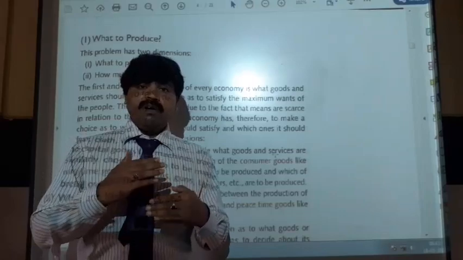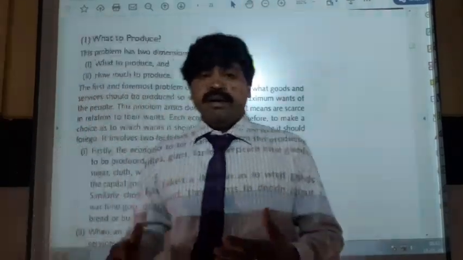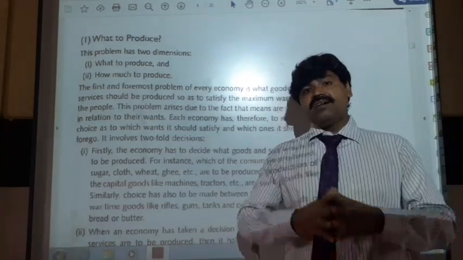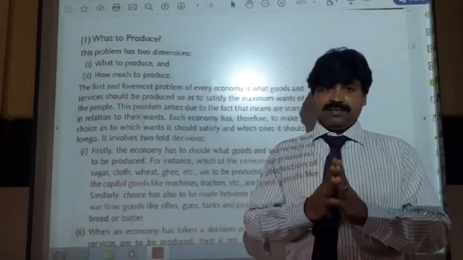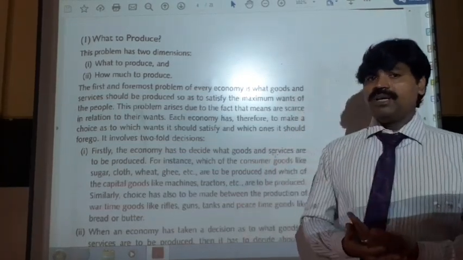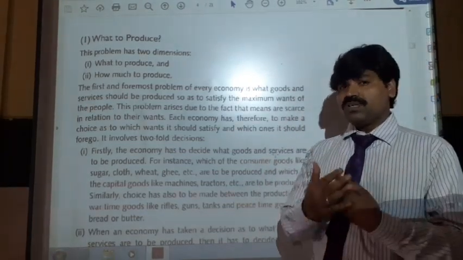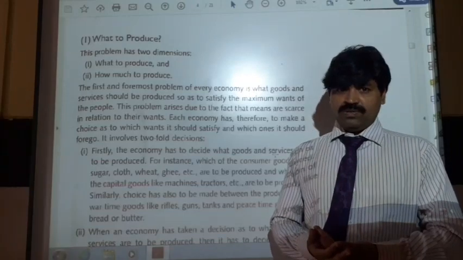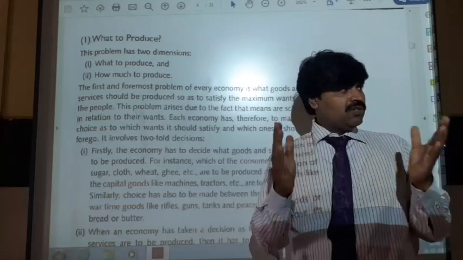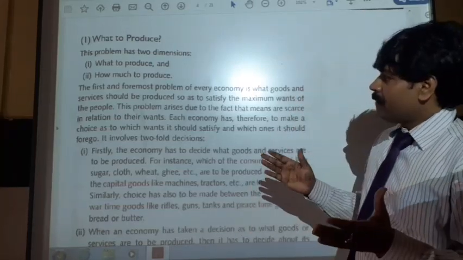Because you already know that resources are scarce and we can't produce all the things that we need. So every economy has to decide what goods or services should be produced and in what amount should these goods and services be produced.